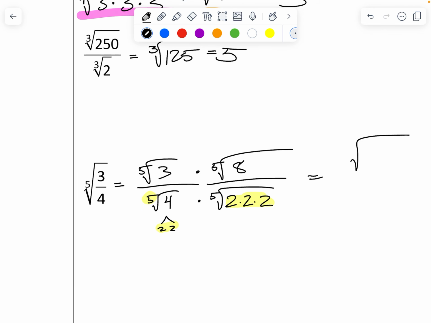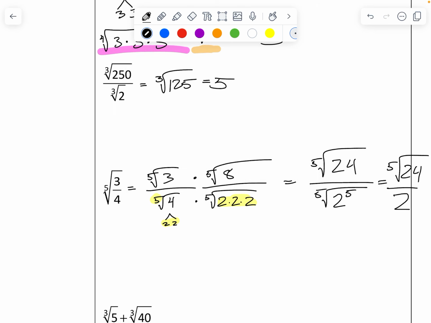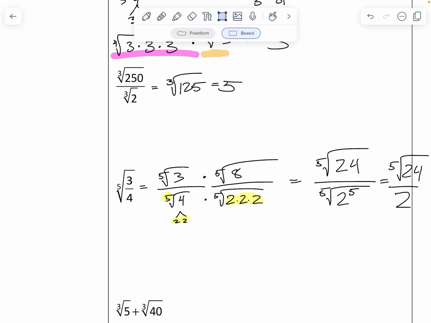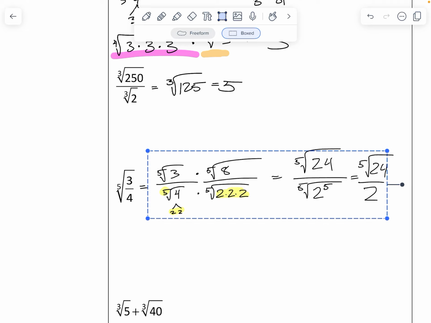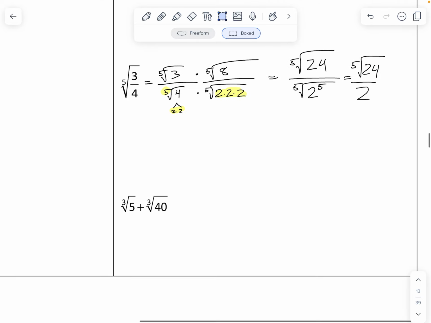What's 8 times 3? 24. That doesn't simplify. But in the denominator, I've got the fifth root of 2 to the fifth. That cancels out to 2. So fifth root of 24. Good rationalizing the denominator problem.